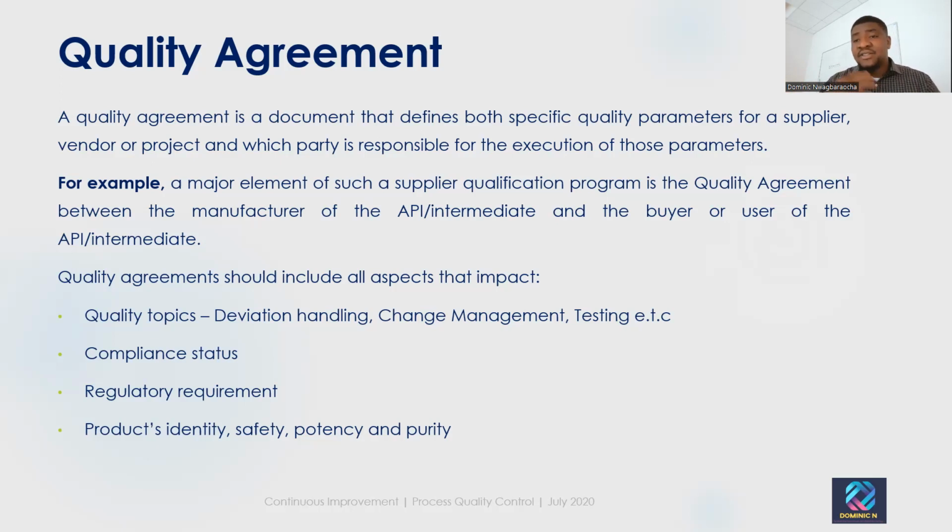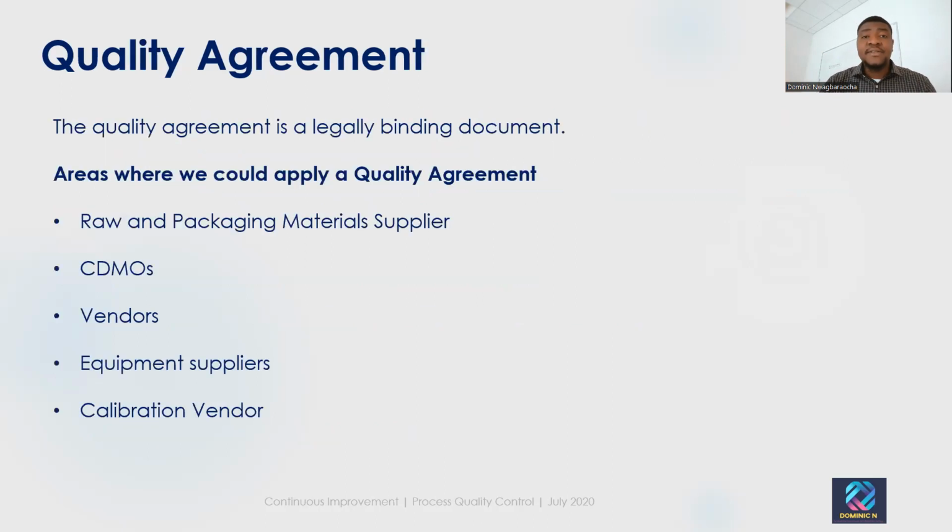The compliance status, the regulatory requirements. I follow FDA. Please ensure you follow the standards that FDA has set, or I follow ANVISA. Please ensure that you follow the standards that ANVISA has set. Product identity, safety, potency, and purity. All of these you should be able to put into your quality agreement. So this is one thing that's very important that I think we should all know about quality agreements.